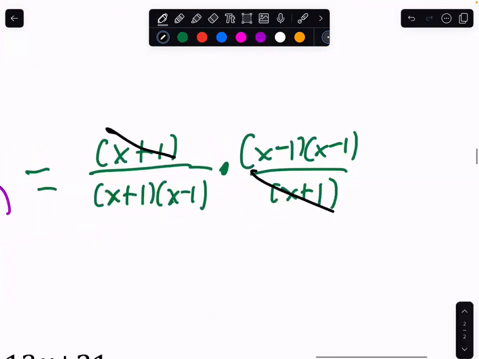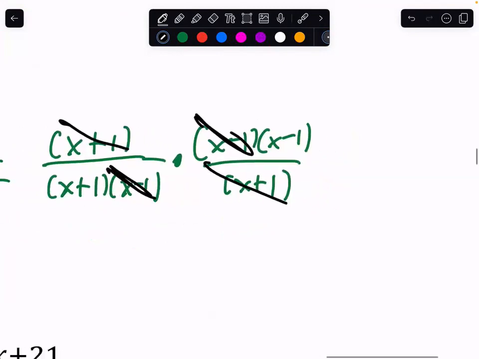And then we also see x minus 1s. Again, there's only one in the denominator, so it can only take care of one of the two. It can't get rid of both. So we're left with x minus 1 in the numerator, x plus 1 in the denominator.